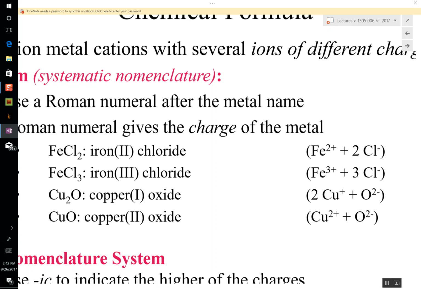So I get an FeCl2 for iron 2 chloride. And here is a +3 iron. And so the 3 goes here, and I get an FeCl3. That's iron 3 chloride.